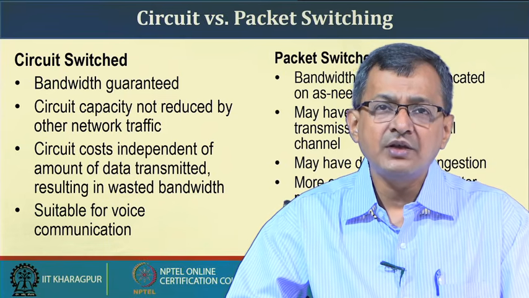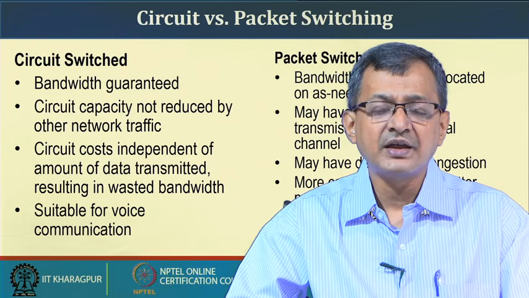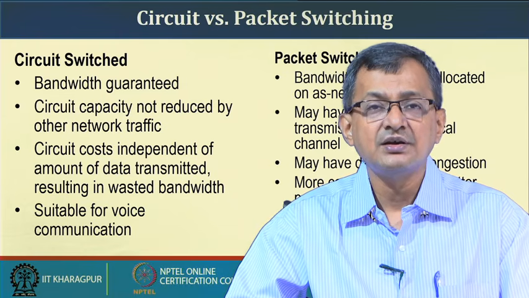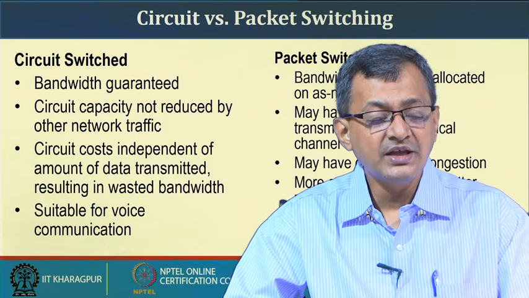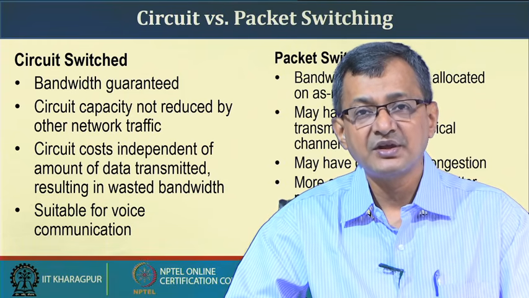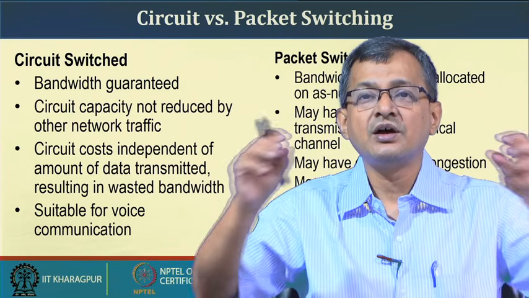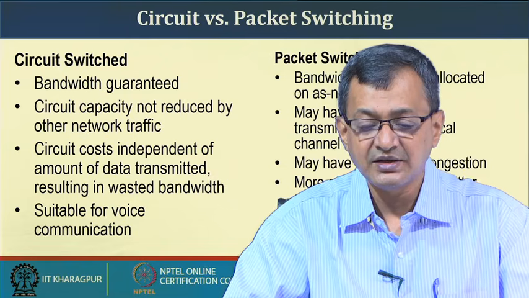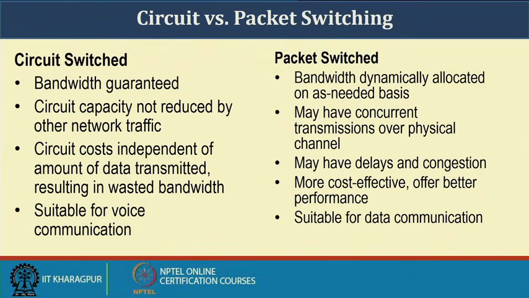Now let us look at circuit switched and packet switched networks. In a circuit switch, bandwidth is guaranteed: you have an established connection and your data flows through that. Whereas in a packet switch, bandwidth is dynamically allocated as needed, as and when needed.